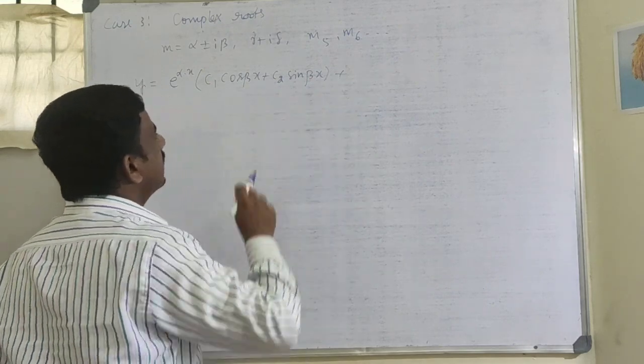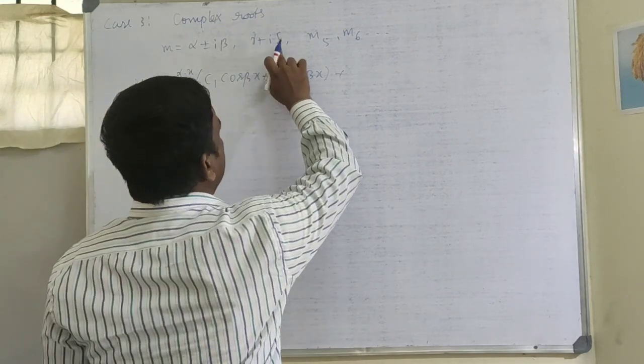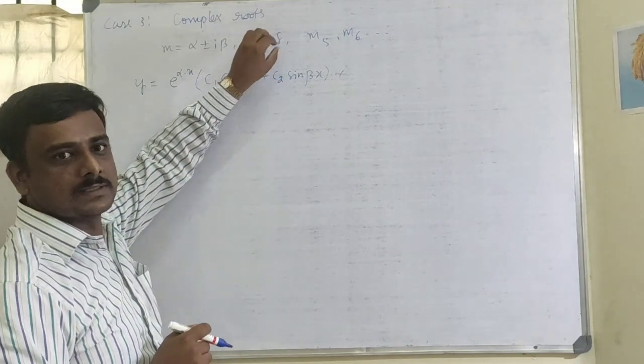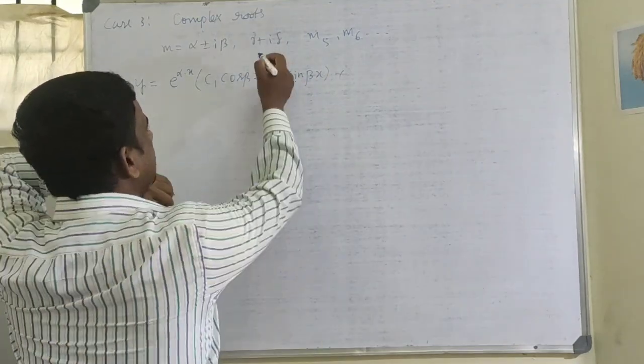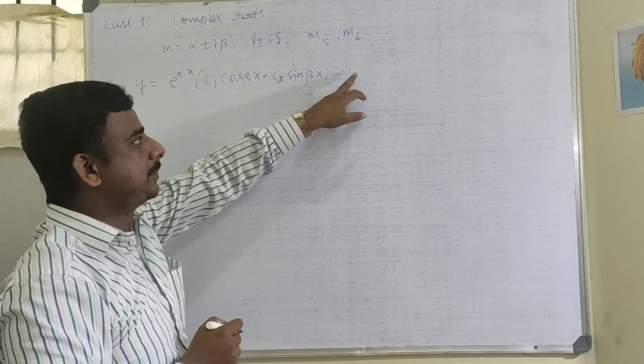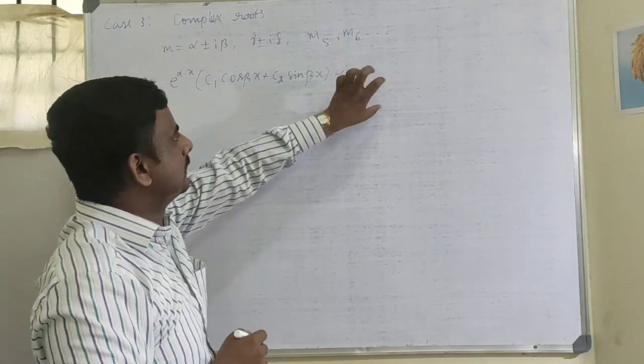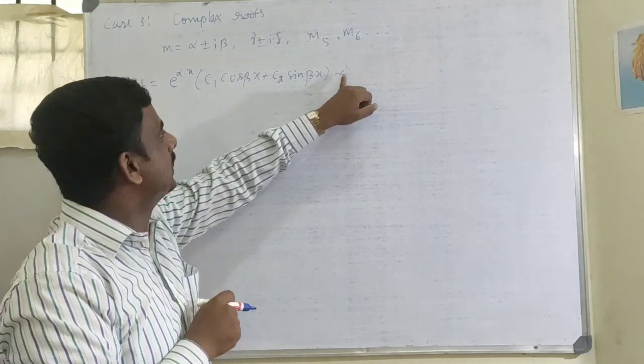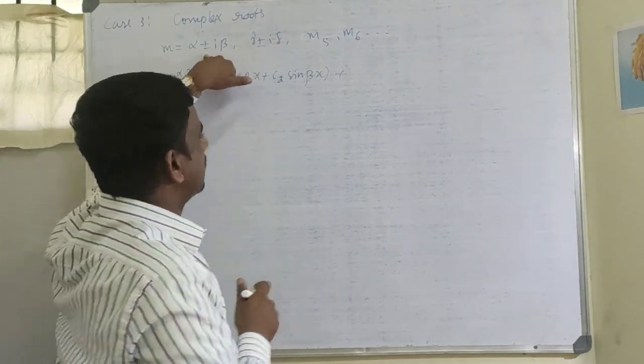plus gamma plus i delta. If you have, suppose, alpha plus or minus i beta again, in that case you have to multiply this second term by x. If you have repetition, multiply it by x. But here these roots are distinct from this.